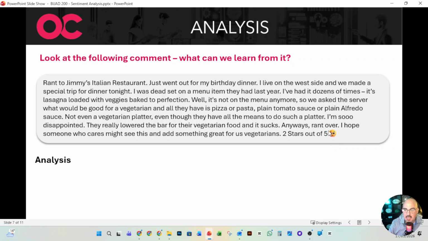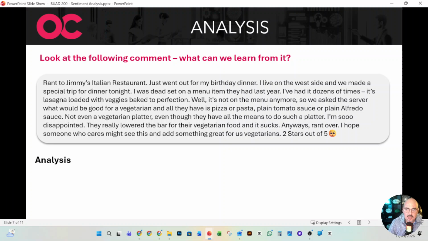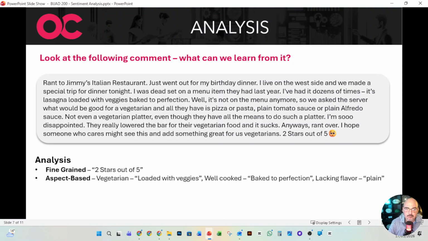So we're actually getting a scale, a numerical value here that we could put in. If we're looking for something that's aspect-based, is there some characteristic there? Is there some emotion that the commenter has displayed, or do we know what their intent is? So let's have a look here, guys. Fine-grained, I think we can see there, 2 stars out of 5.